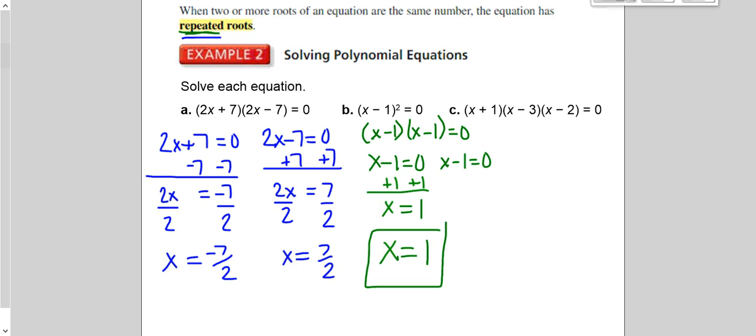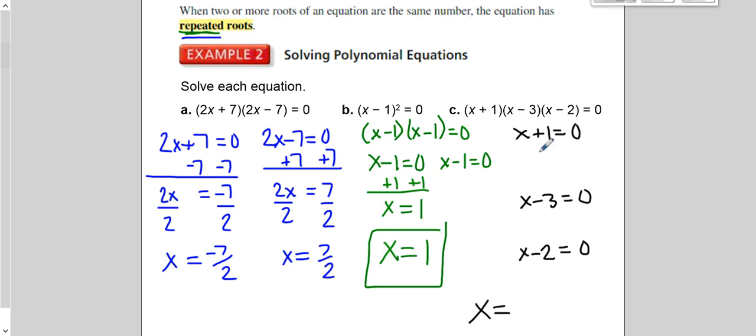And C. This time we have 1, 2, 3 factors. We have to solve each one of them. I have to solve x plus 1 equals 0. We need to solve x minus 3 equals 0. And the third factor, x minus 2 equals 0. So solve each one of those, write down your answers. What do we get for this one?